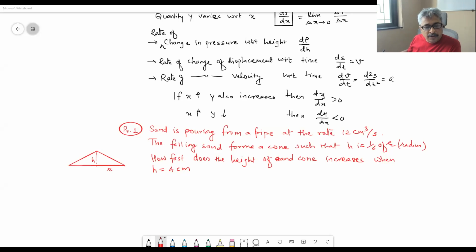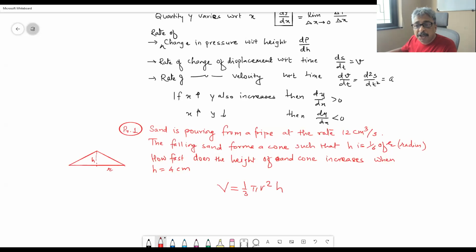The only thing that you require to know to solve this problem is V is equal to 1/3 pi r square h. Now you should express either r in terms of h or h in terms of r, differentiate it with respect to the unknown that you keep, and everything is available.